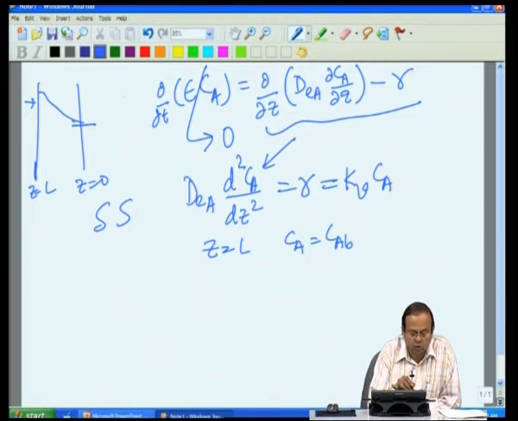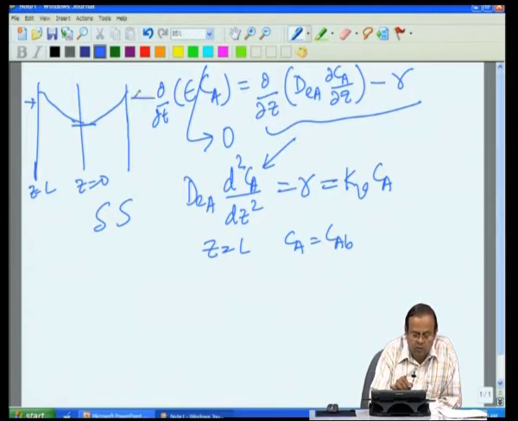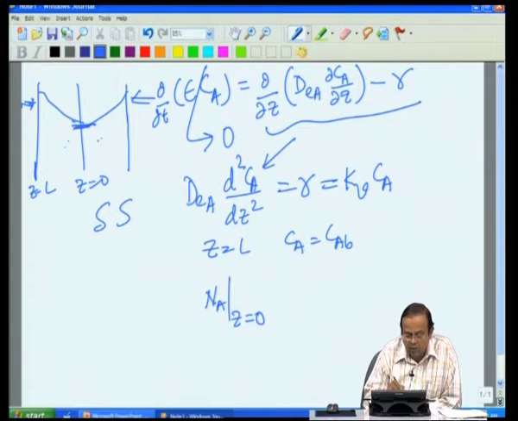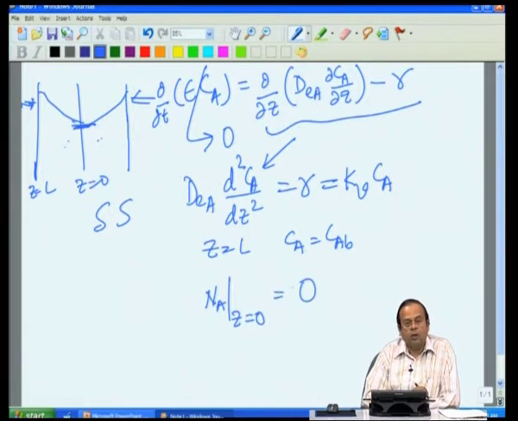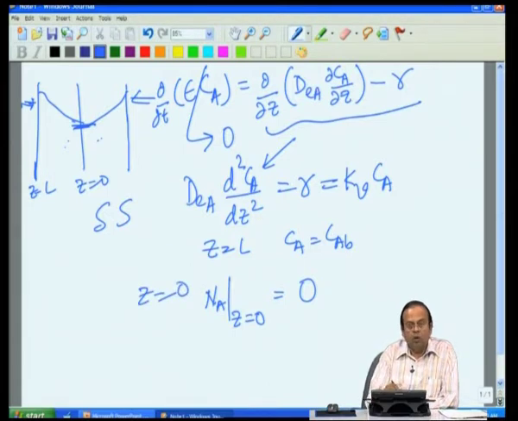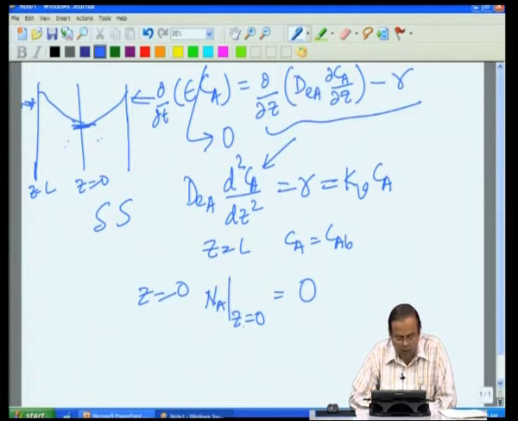Suppose this is our full catalyst, material is coming in from here, so there can't be any diffusion across this center point, because if there is a diffusion from this side to this side, there will be a counter force to drive material from this side to this side. Net result is no diffusion across this center point, or in other words, the flux at the center is 0. So, that gives me my second boundary condition, that is at z equal to 0, flux is 0.